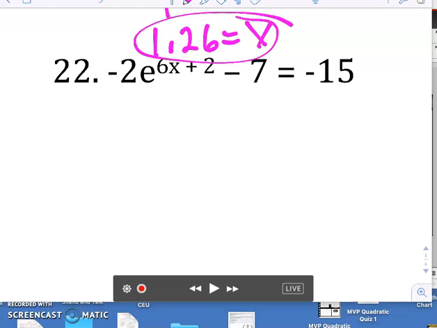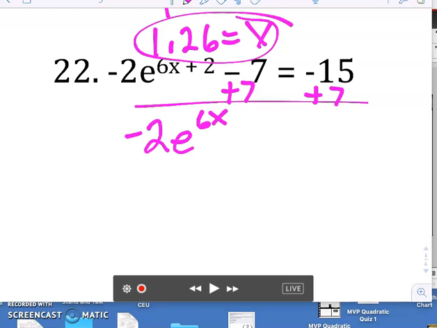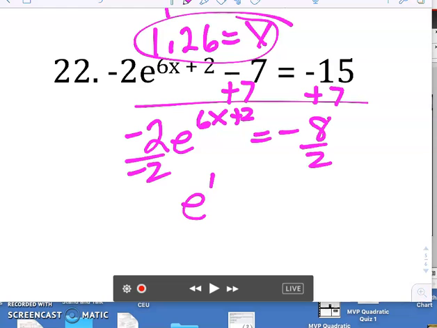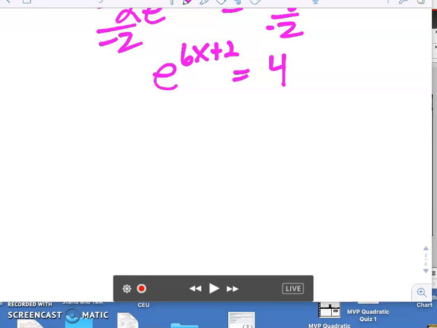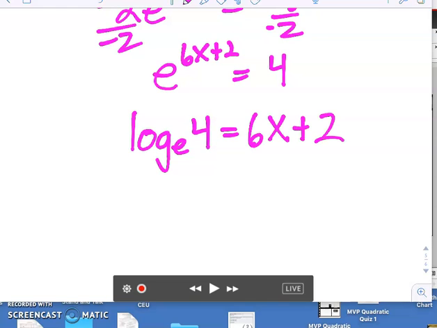So this next one, we got an e again, so we got to get that base by itself. So negative 2e to the 6x plus 2 equals negative 8. Divide by negative 2. So e to the 6x plus 2 equals 4. So log base e of 4 equals 6x plus 2.